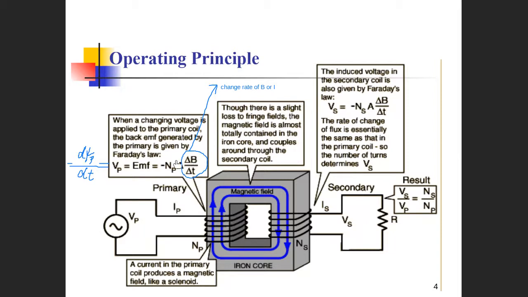This is phi. So this is the change rate of the total flux linkage, and this is the induced voltage. So this is Lenz's law, a very basic law.